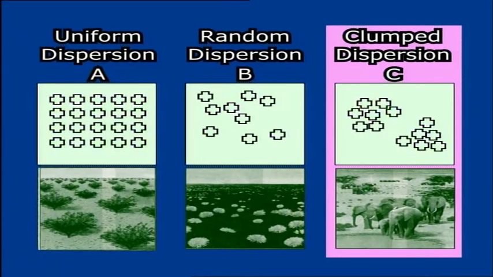C shows clump dispersion pattern. Most of the populations exhibit this type of dispersion to some extent. In this type, the individuals are aggregated into patches. Such aggregation may result from social aggregation or due to most favorable environment for the concerned population.